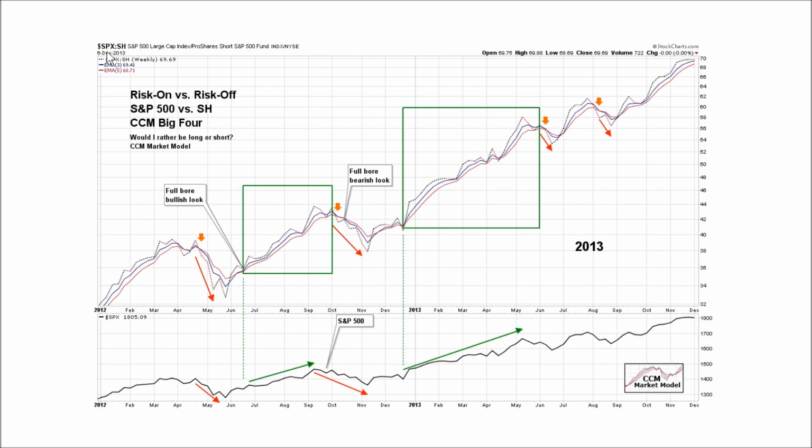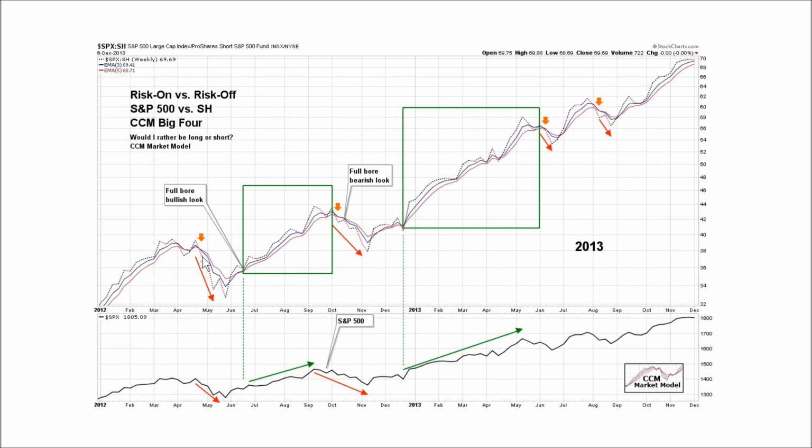There's no question there's some duplication here. Part of it's psychological. We like to think from an opportunity cost perspective. If the answer to the question, would I rather be long or short, is long, as it is in this case when the ratio is rising, it tells us something about all of our long positions.